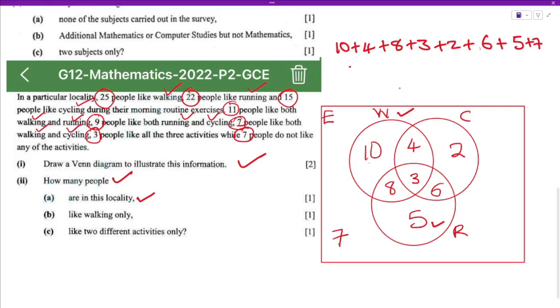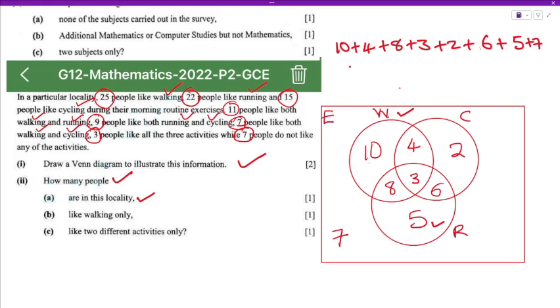Okay, now let's add. What do we get there? We're going to say 10 plus 4 plus 8 plus 3 plus 2 plus 6 plus 5 plus 7. Let me try again.